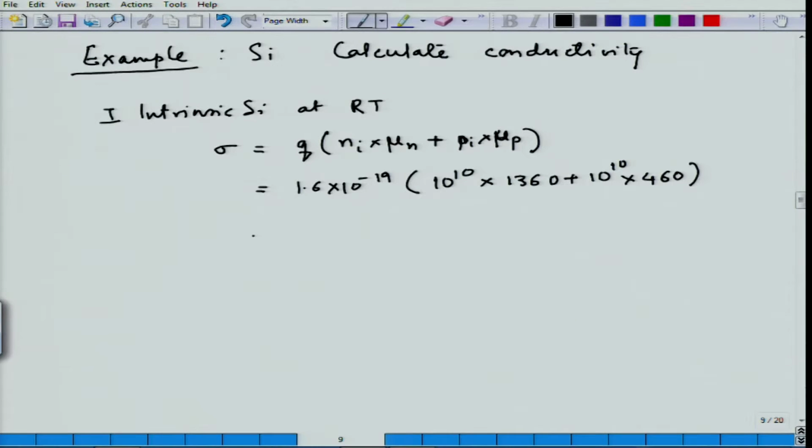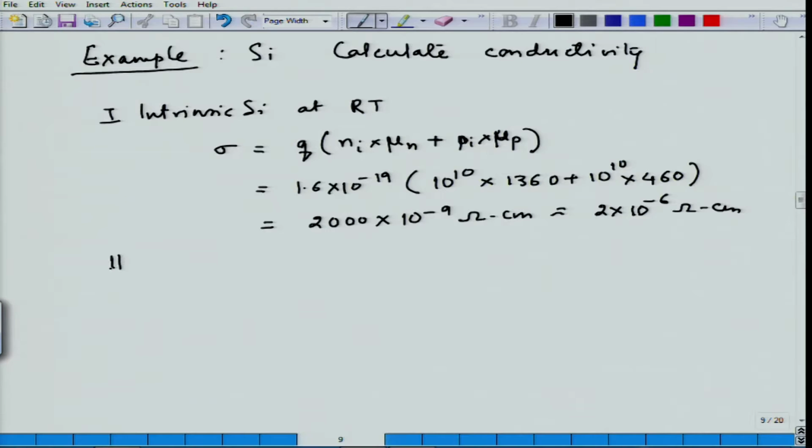If you do this calculation, you will get a conductivity of about 2000 times 10 to the power minus 9 ohm centimeter inverse, or you would write it as 2 times 10 to the power minus 6 ohm centimeter inverse. This is for an intrinsic semiconductor.